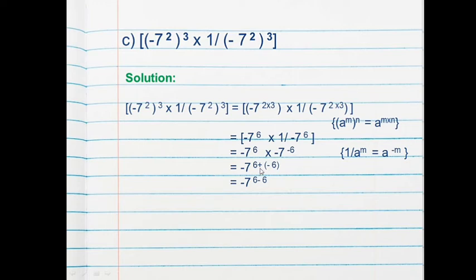So here we have to do addition, and this exponent is already given negative, that's why we have written minus 6 here. Then plus minus will be minus, that's why we have written (-7)^(6 - 6), and 6 minus 6 is equal to 0, that is (-7)^0. And we know that if any base is given with exponent 0, then it is equal to 1. Therefore (-7)^0 is equal to 1, by using the law a^0 is equal to 1.